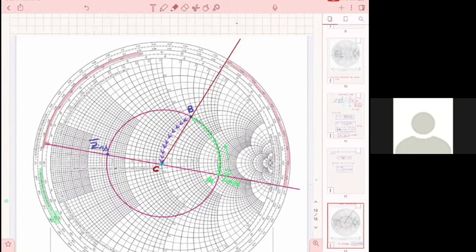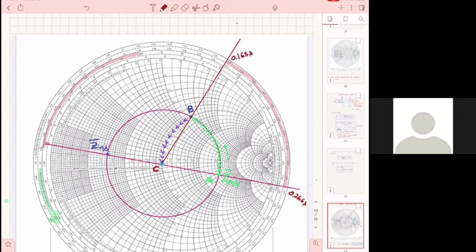So the highest number here is 0.266, always in lambda, and the lowest here is 0.168.